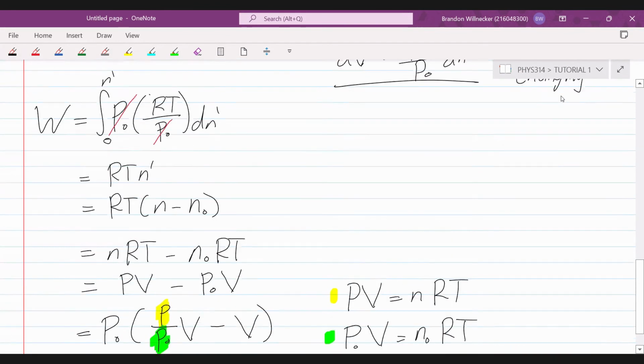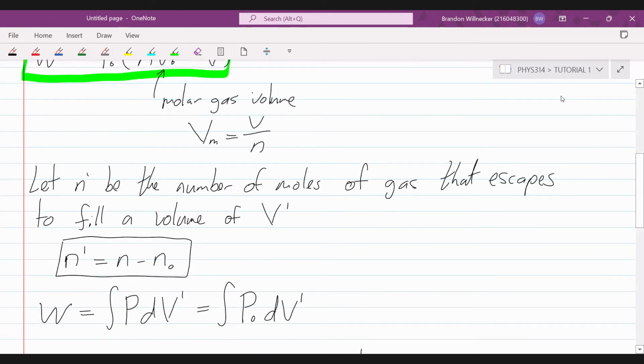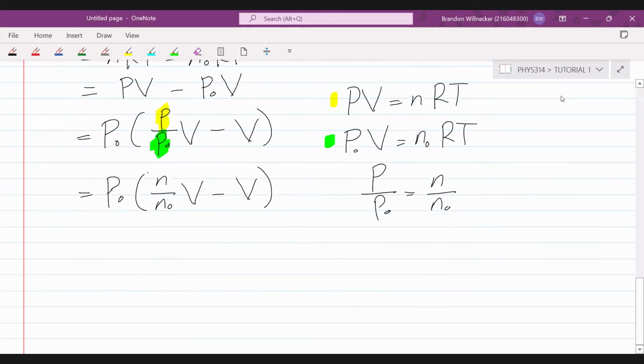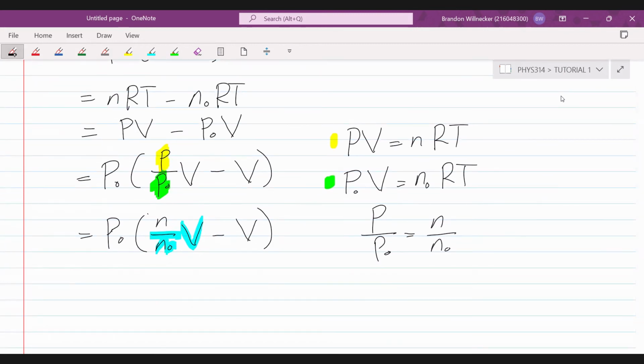But remember, where did I say it? Here we go. Molar gas volume. This is the formula for it. It's the volume divided by the number of moles. So here, if we take the volume and we divide it by the number of moles, then that gives us the molar gas volume. So that's going to be P naught N times little v naught.